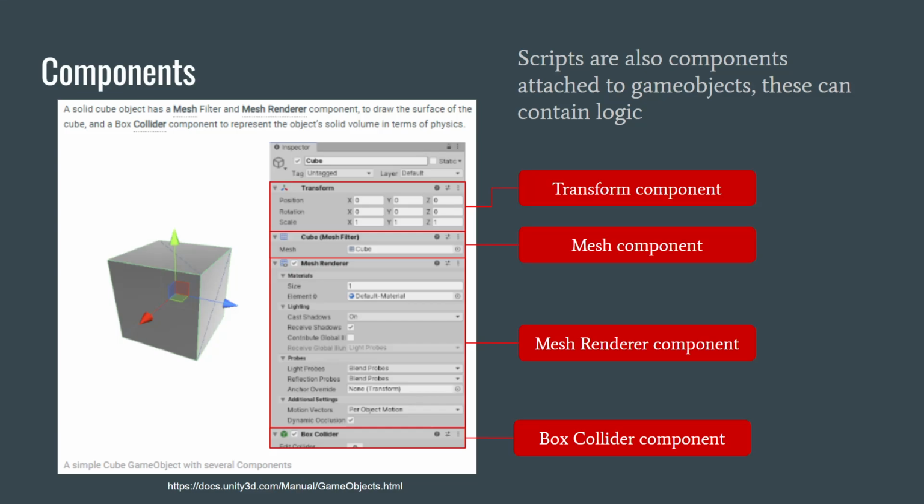Similarly, we have the rotation, which is a Euler rotation, so X, Y, and Z. If this pen is a game object, we rotate it on the X, Y, Z in whatever order Unity uses; I'm not sure of the specific order. The scale controls how wide, how tall, or how deep an object is. You can just drag that value to make your cube more wide, more tall, anything like that.